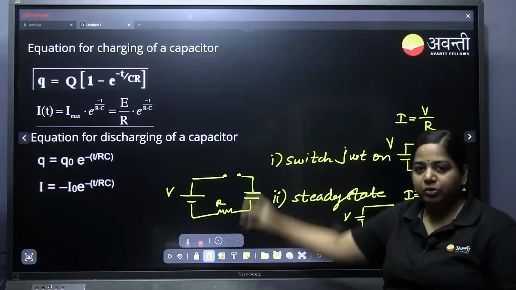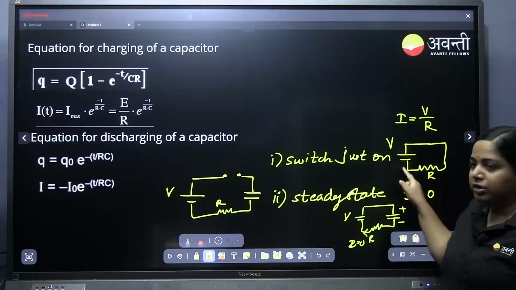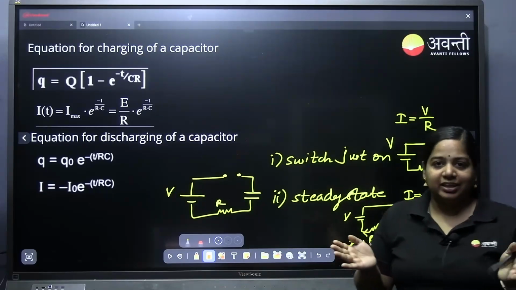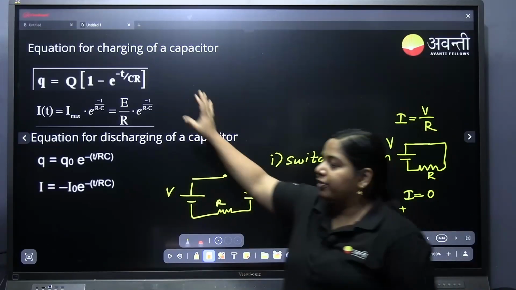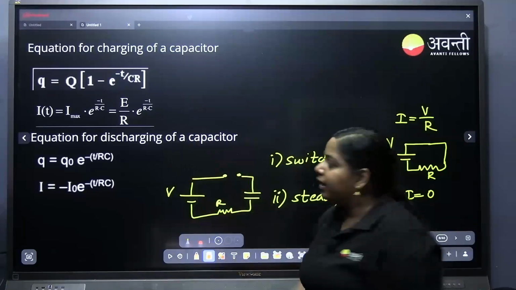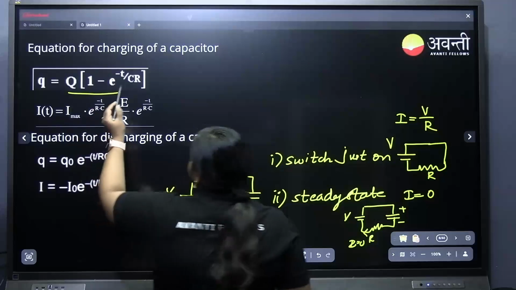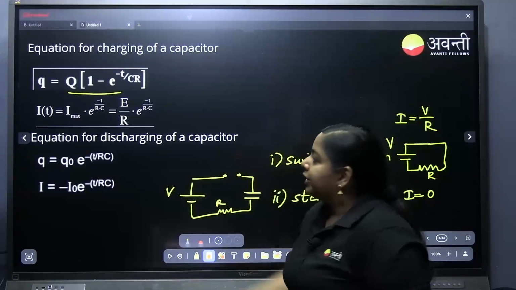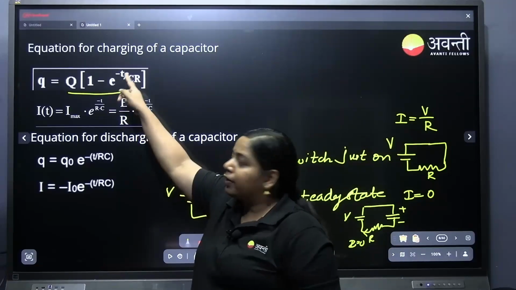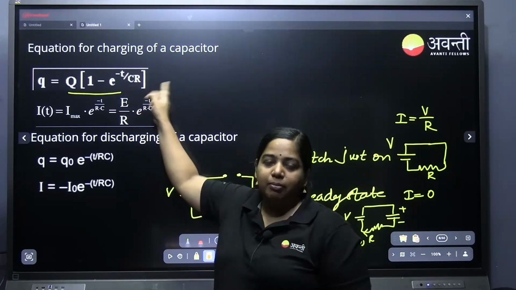These formulas are for when you switch on and, before steady state, the capacitor is slowly charging. During that time, what will be the charge on the capacitor? Q equals Q naught, the maximum charge it can store, into 1 minus e to the power minus t divided by RC.